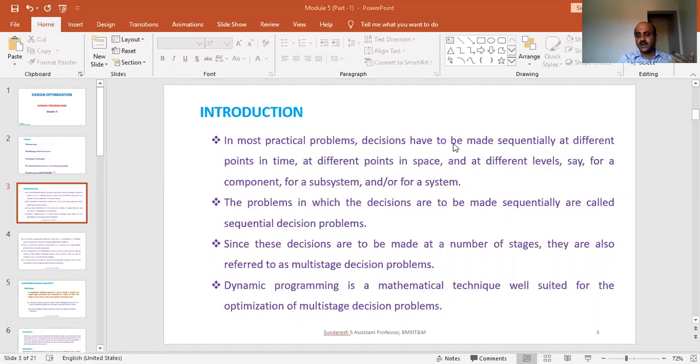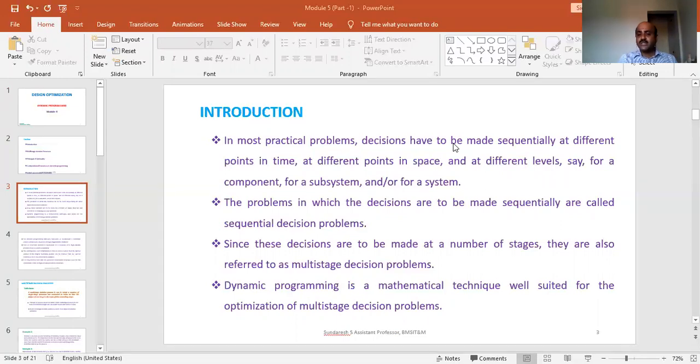It is not necessarily that you make the decision only at the end of the time. Here we are making the decisions sequentially at different points of time and different levels when we are designing a component, a subsystem or a system.